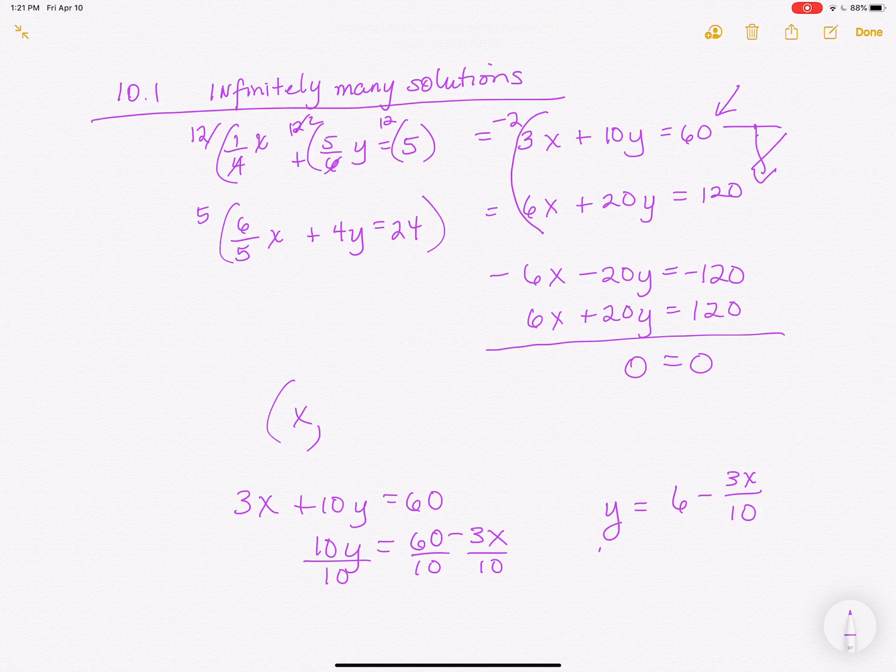So that's going to be what I use for my y coordinate, 6 minus 3x over 10. So once again, in order to write your solution for infinitely many solutions, you just use x for your x coordinate and then solve for y in one of the equations, and it doesn't matter which one because they're equivalent, and that will give you your y coordinate.